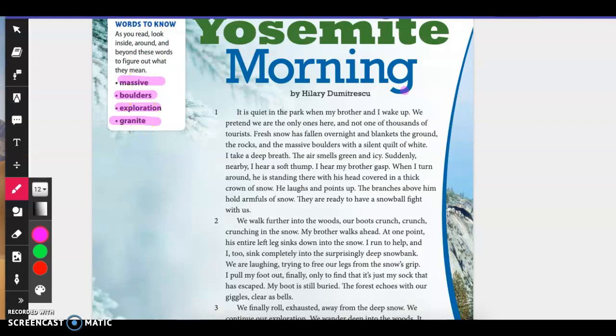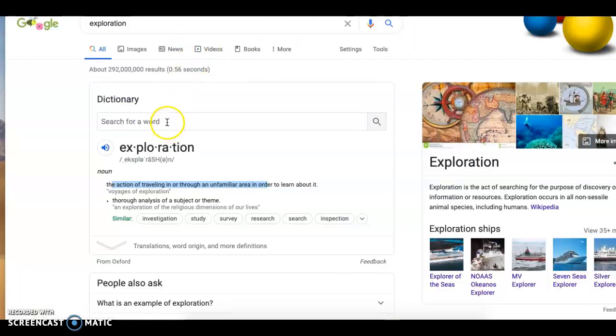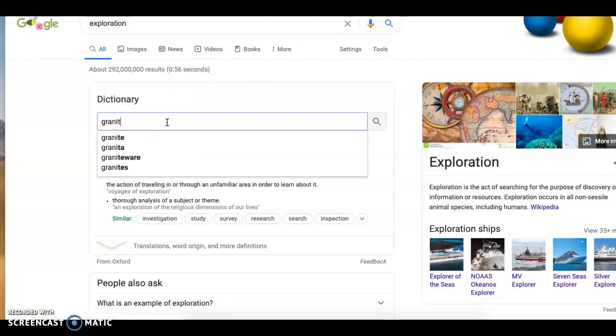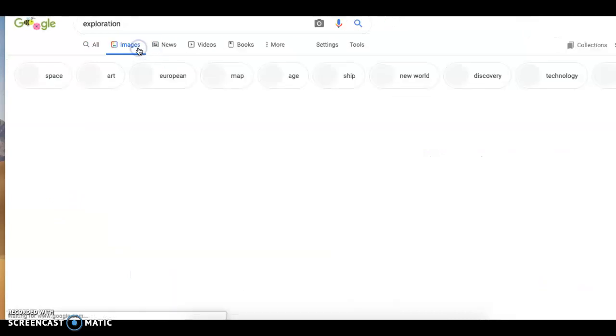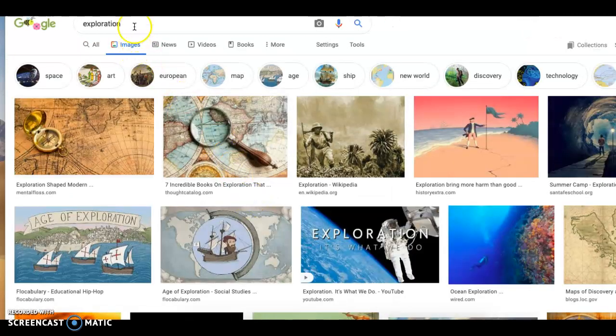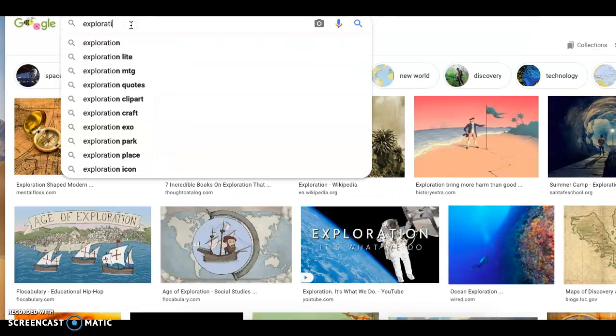And the word granite. Now, granite is a very hard, granular, crystalline, igneous rock consisting mainly of quartz, mica, feldspar, and often it's used as a building stone. So if we look at images of granite, let's take a look.